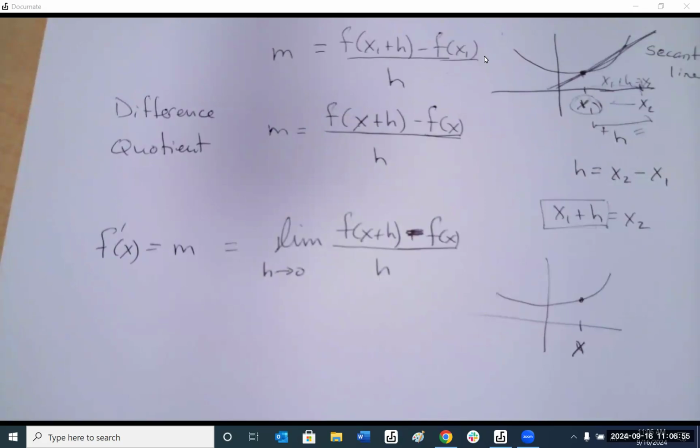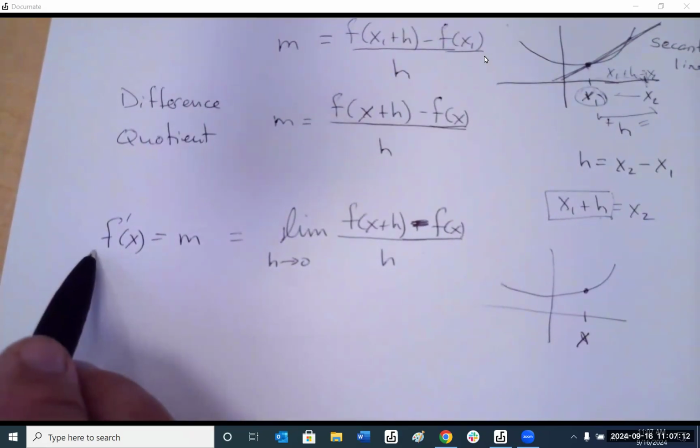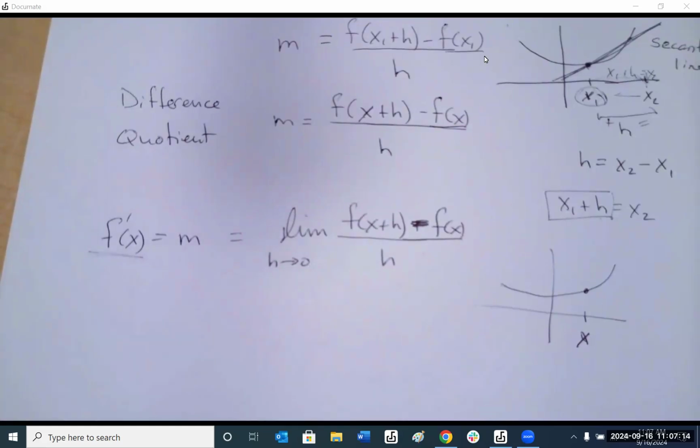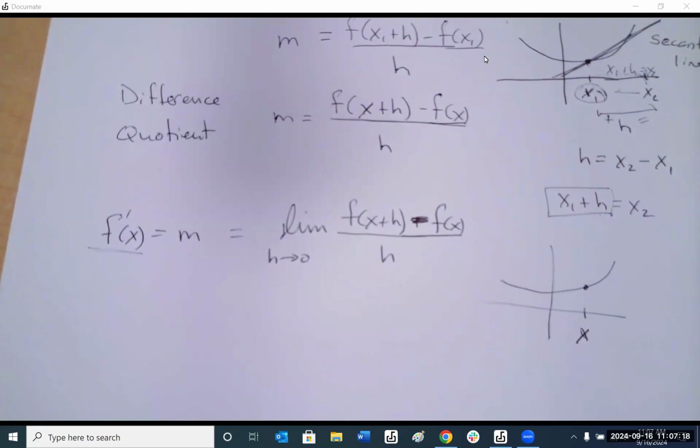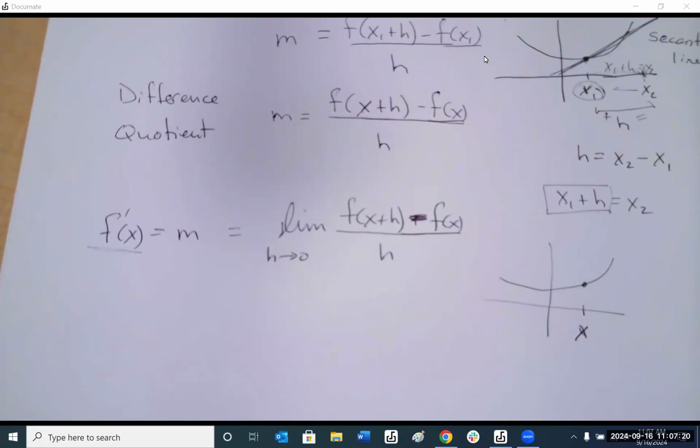Derivatives refer to slopes at a point and the rate of change at a point. At a given time, I should say. So this is what we're starting off to talk about. It's the derivative. But it means something more than that.